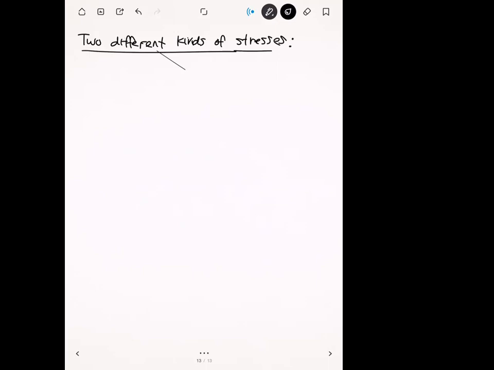One type of stress that we have is a normal stress. A normal stress will act perpendicularly to a surface. The stress that we had on the previous page was a normal stress.